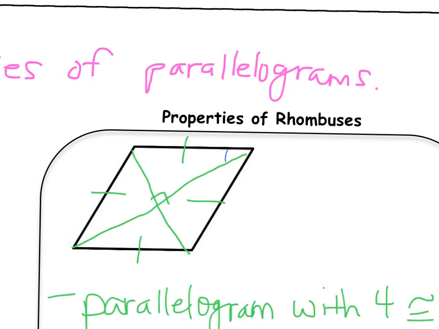Those diagonals cut each angle into 2 congruent parts. So I know that this whole angle and this whole angle are congruent, and each of those angles is cut into 2 congruent parts. The other pair of opposite angles are also bisected, cut into 2 congruent parts.